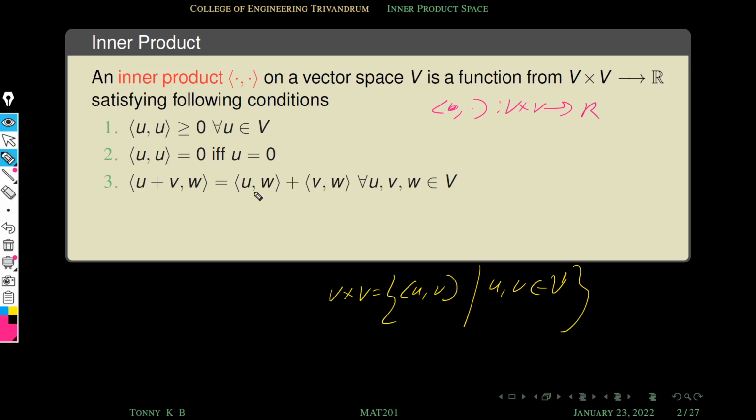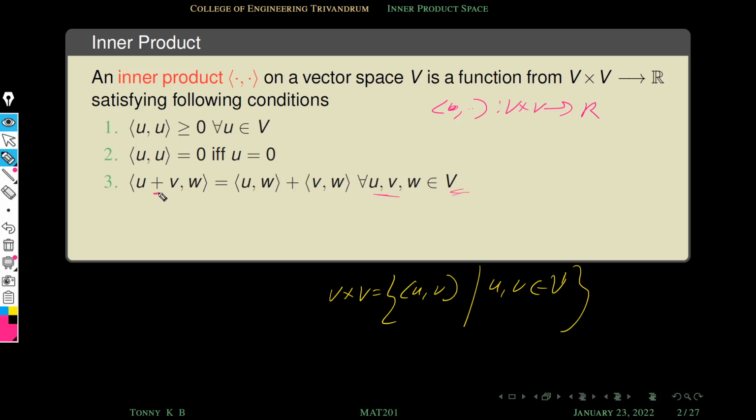Next one is the distributive property. The inner product of (u plus v, w) is equal to the inner product of (u, w) plus the inner product of (v, w) for all u, v, w belonging to capital V. And what about this plus? This addition is the addition between u and v, which are from capital V, a vector space.